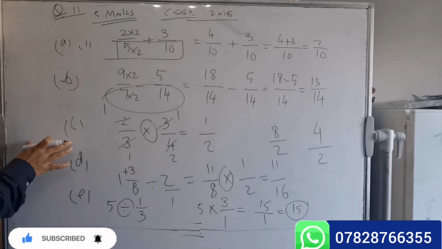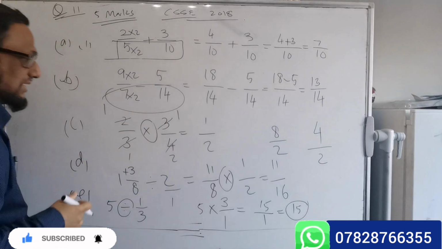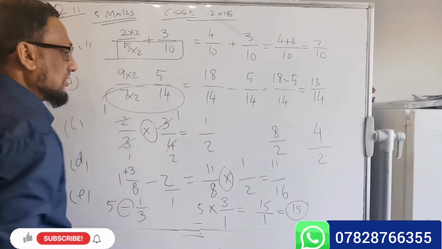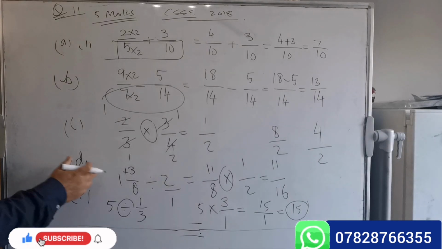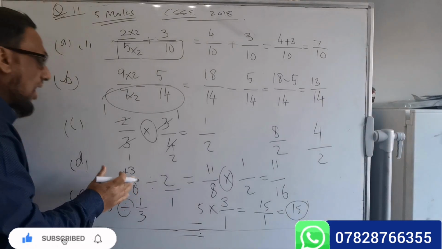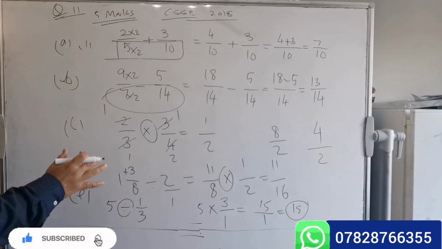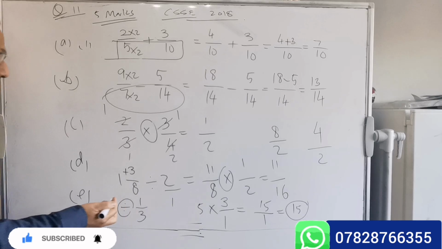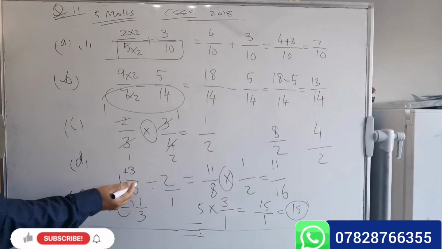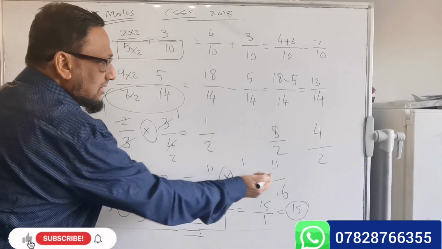The next fraction is by times. You simply cancel and find the answer, 1 over 2. Part D says, what is the half of this number? Remember, if it is half of a number, you simply divide by 2, and you just flip this fraction and simplify.